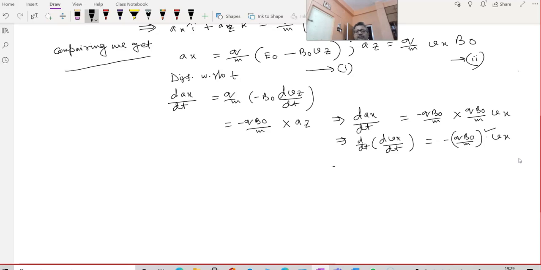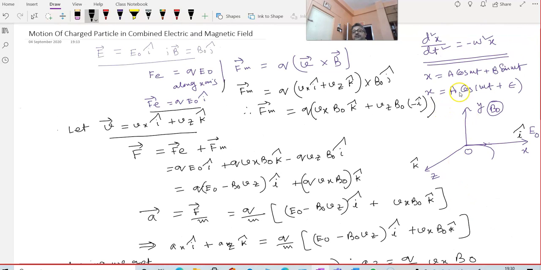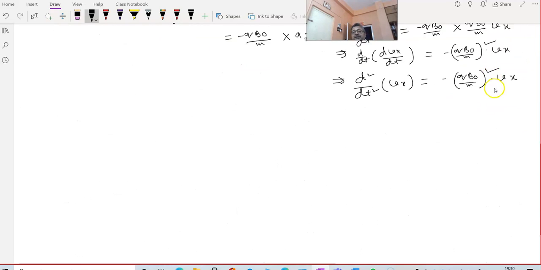So one can say that this is d square Vx by dt square is minus, isn't it? So this is something like the differential equation you have started with, whose solution is a cos omega t. Can I write this as omega? Therefore, d square Vx by dt square, this is of course omega.